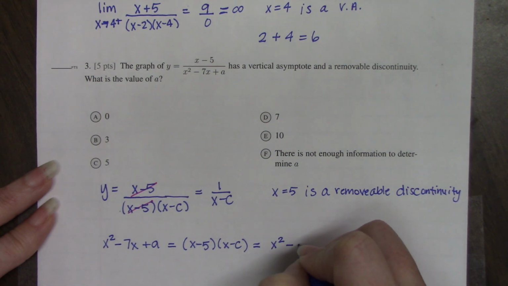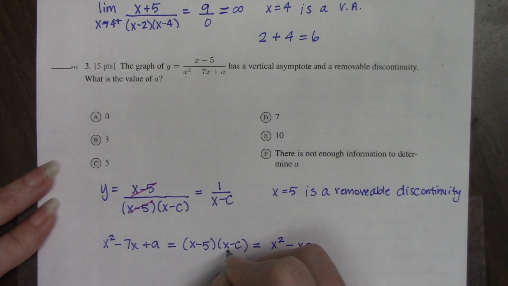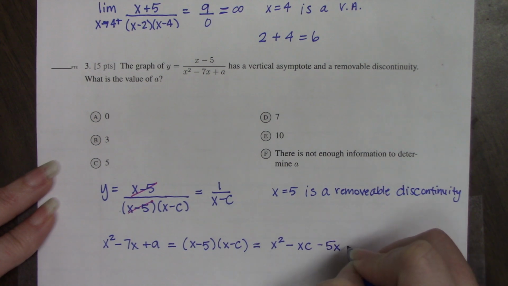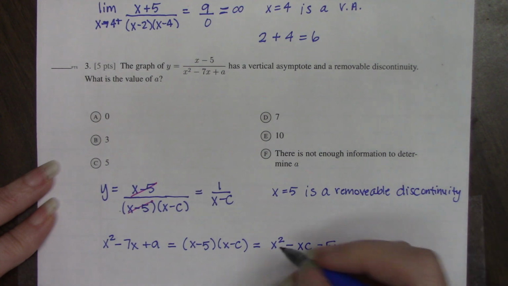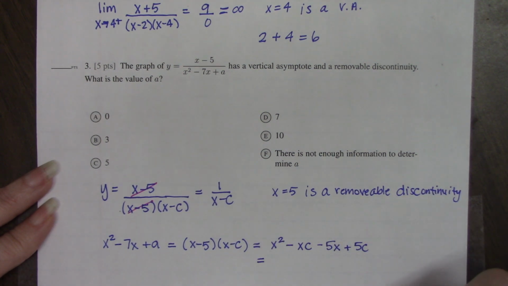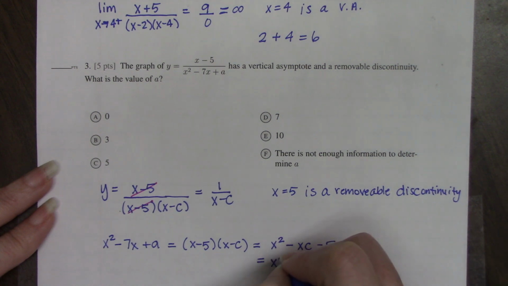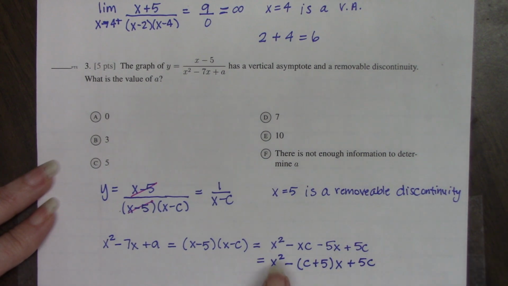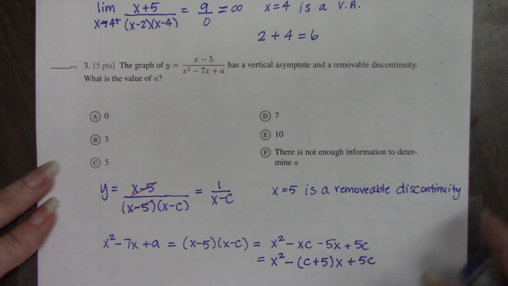The outside terms are minus x times c. The inside terms are minus 5 times x. And the last two terms are plus 5c. I'm going to combine like terms. So we have x squared minus c plus 5 times x plus 5c.